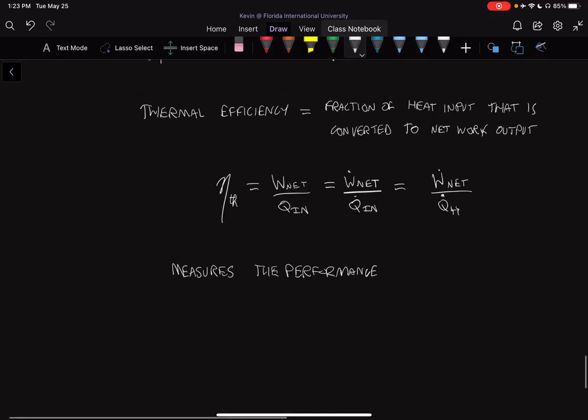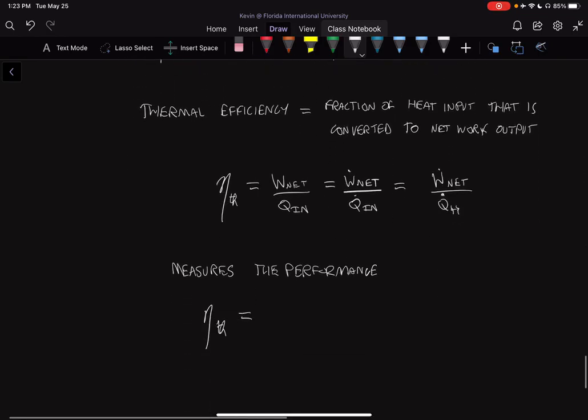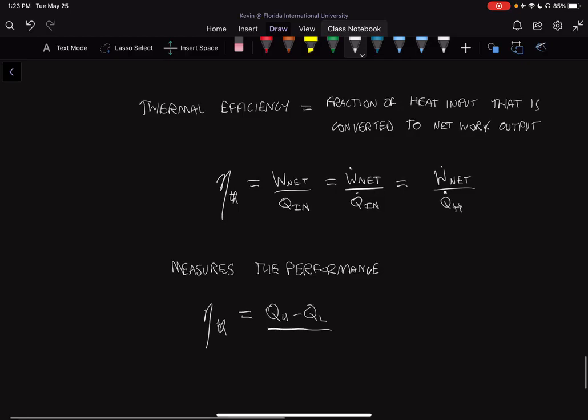We can substitute even further and come up with further equations for N thermal. If we look at our first law analysis, we see that work net is equal to QH minus QL. So we can say that N thermal is QH minus QL over QH.